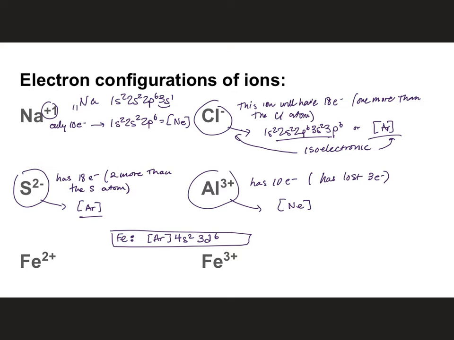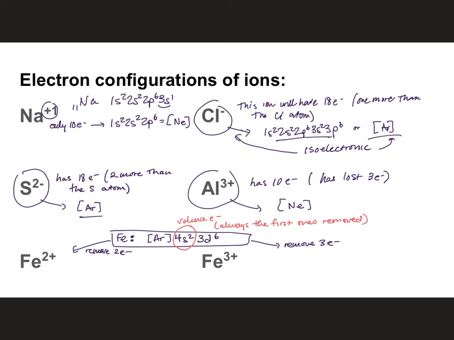So here is the electron configuration of the iron atom. So to make this ion, we are going to remove 2 electrons. And to make this ion, we are going to remove 3 electrons. Now, this is something that we haven't, I think, literally said in the past, but I'm going to call your attention to these, which are my valence electrons. And the valence electrons are always the first ones removed.